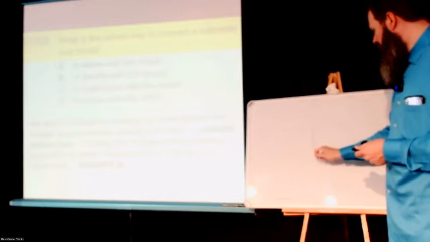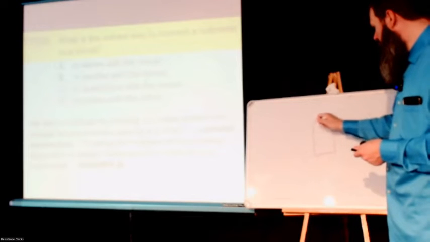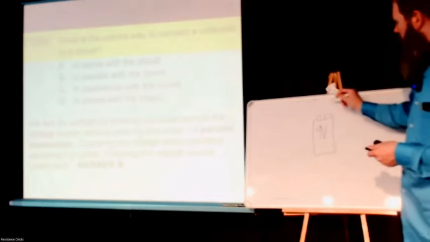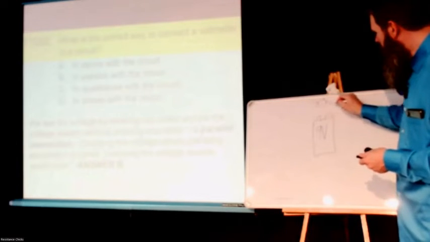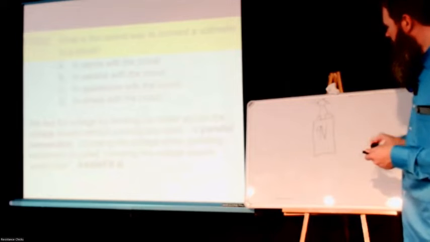Okay? The way that works, you have to understand. So here's my crude drawing of a 9-volt battery, right? Here's the 9-volt. And it is connected to this light bulb here with wires.